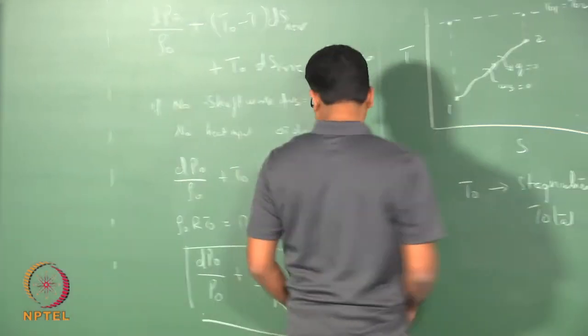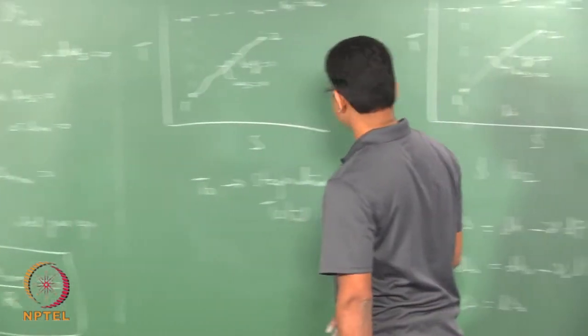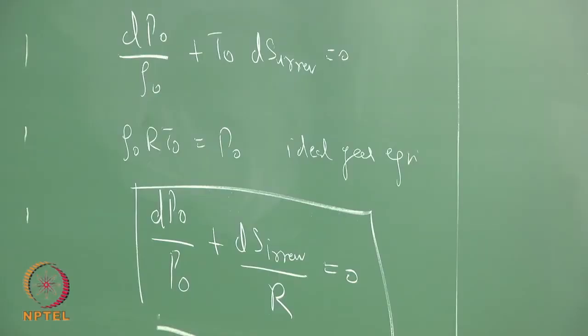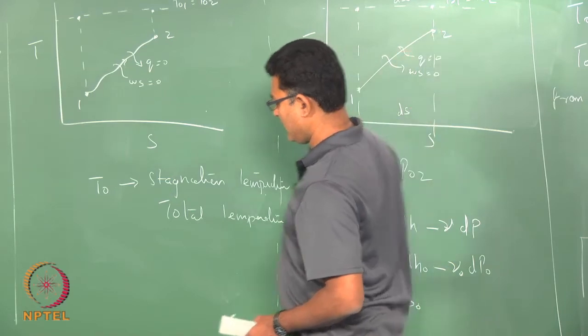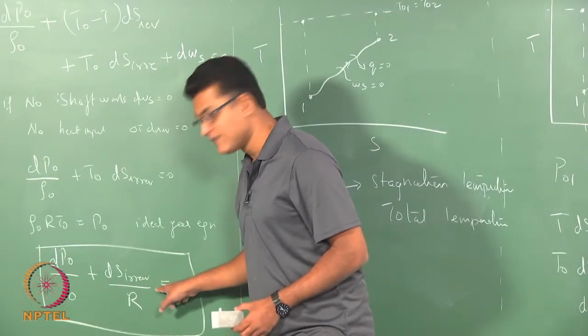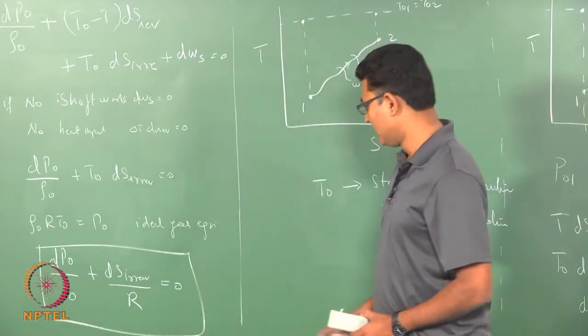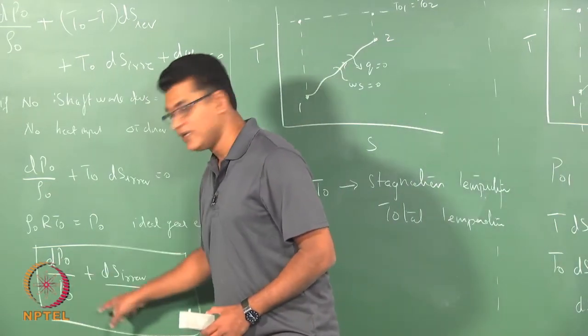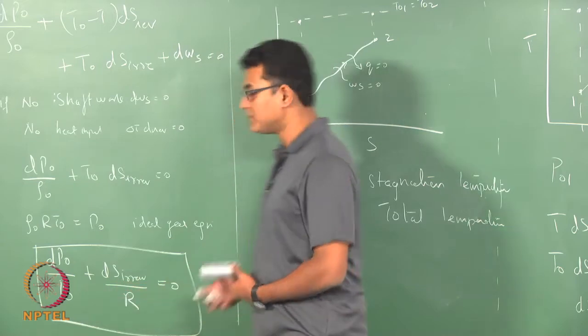So, how do I represent this equation graphically? Between two processes, if there are no losses, your irreversible term is your losses. So, if there are no losses, dS irreversible is going to be 0.